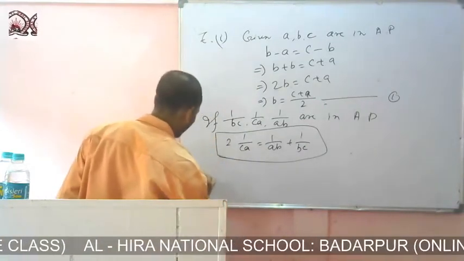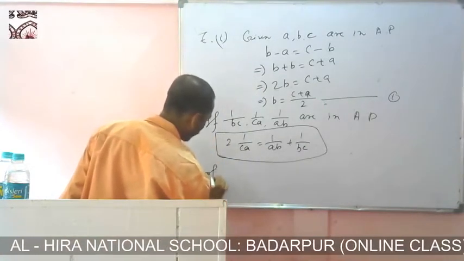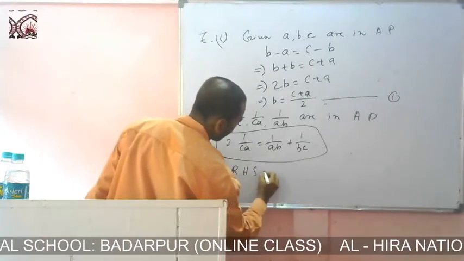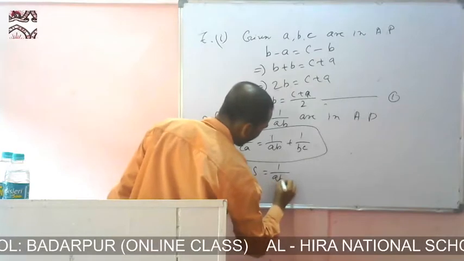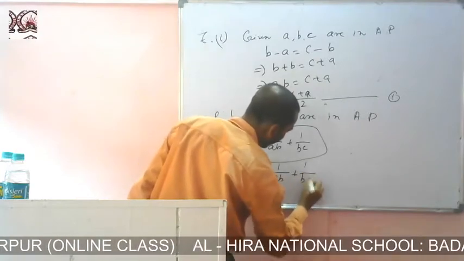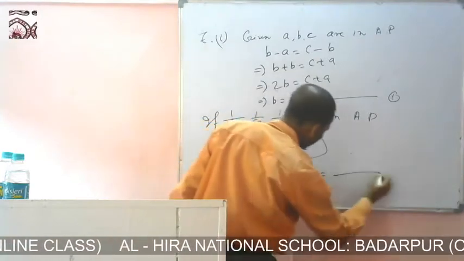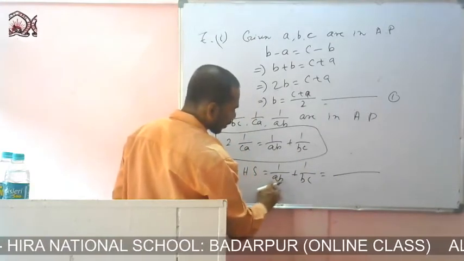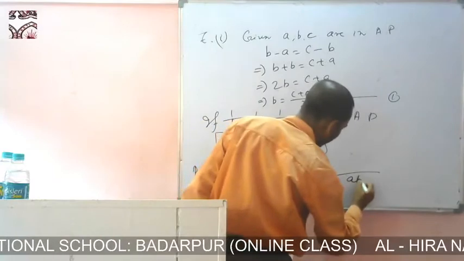For proving, we have to start from the RHS. RHS is 1 by AB plus 1 by BC. If we take the LCM, it will be ABC.